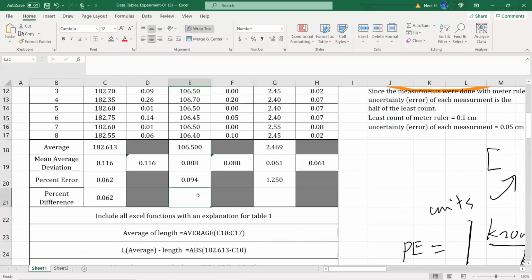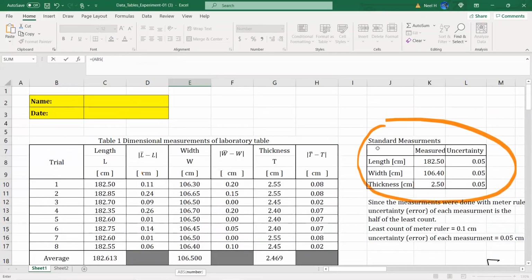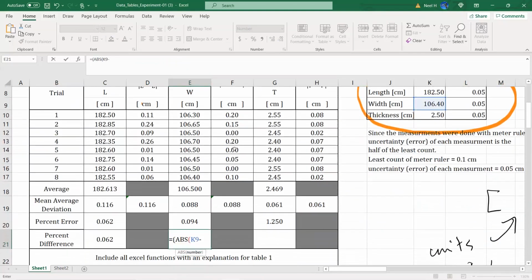So I'm going to do the same calculation for the other two, right? Equal open bracket ABS, open another bracket, width expected minus width average, close bracket, divide by open double bracket K9 plus E18, close bracket, divide by 2, close bracket twice, multiplied by 100.